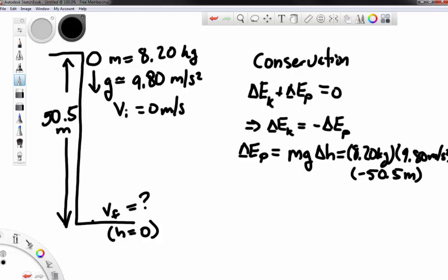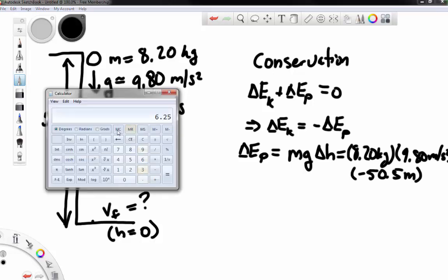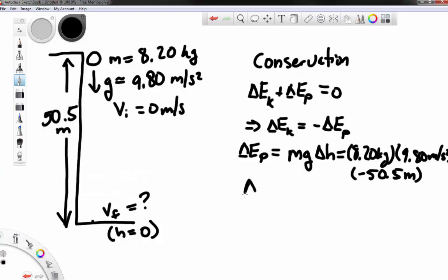Let's go get our calculator out. So 8.2 kilograms times 9.8 meters per second squared times 50.5 would be 4,058.18. So delta E potential is negative 4,058.18 joules.